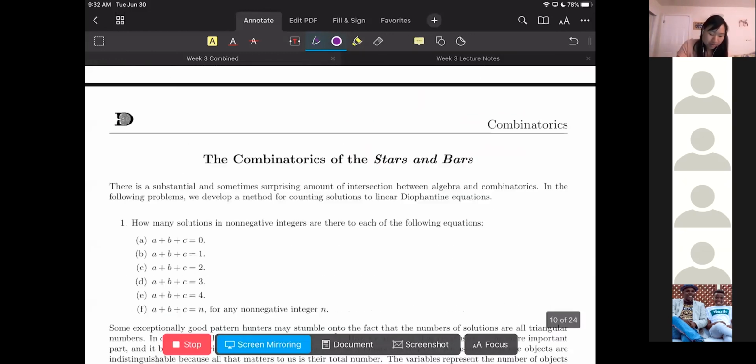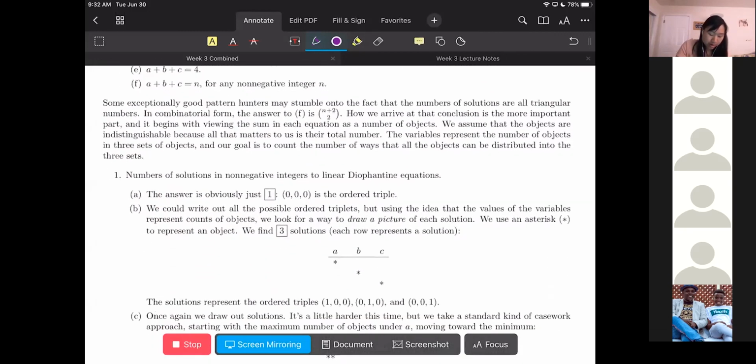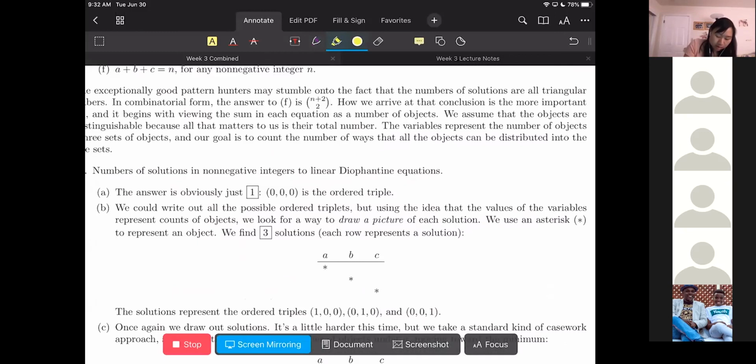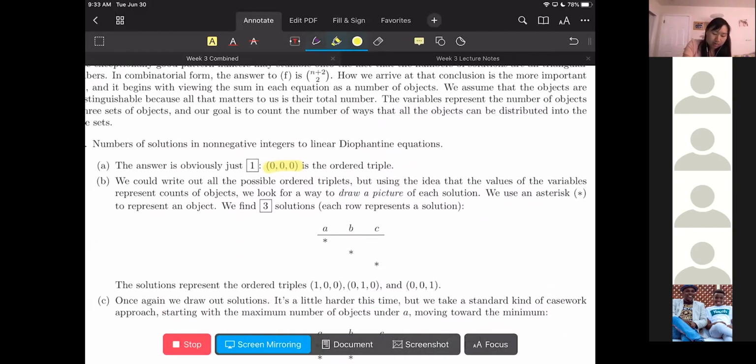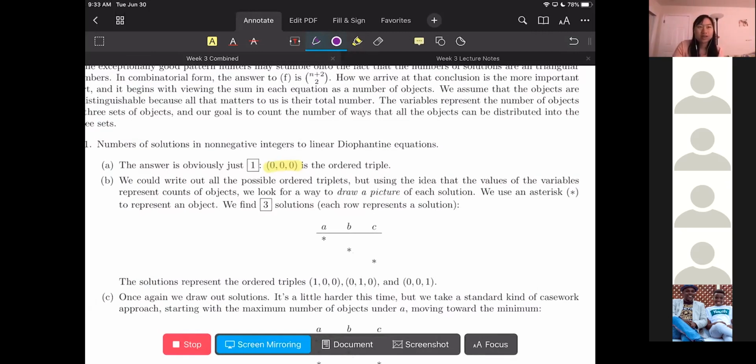But going back to the original question, we talked about how for a, the answer is 1. There's only one ordered triple, which is 0, 0, 0. Here we wrote out all the possible solutions, which was just 1, 0, 0, 0, 1, 0, or 0, 0, 1. But we might look for a different way to represent it, to see if we could draw it out, and this will be useful as we consider larger n.